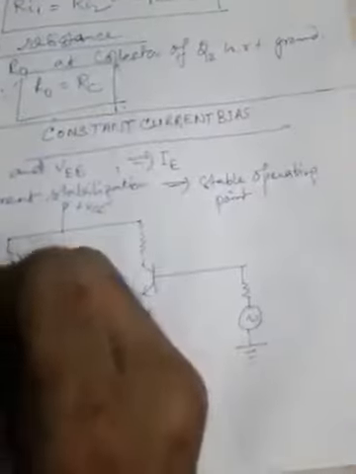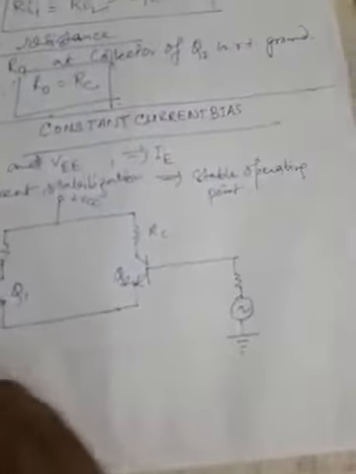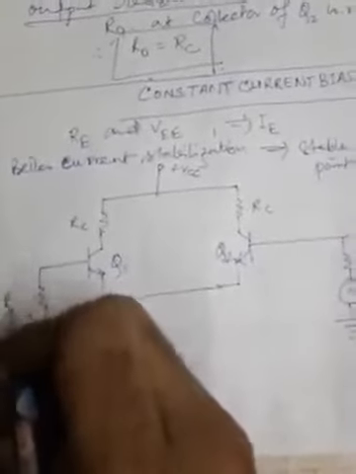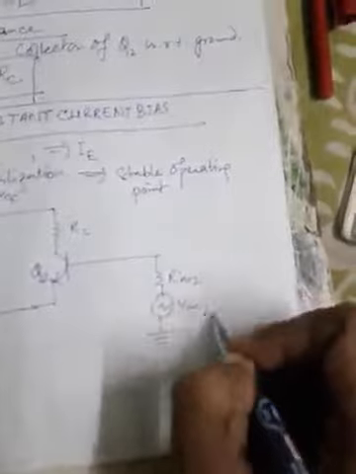So this was VCC and these two was RC. This is Q1, this is Q2. The input is V in 1 plus minus. This is R in 1, the source resistance for input 1. This is R in 2, source resistance for input 2, and this is V in 2.